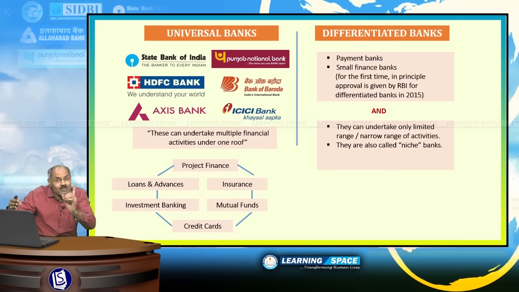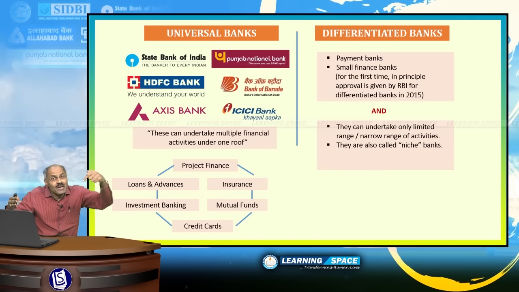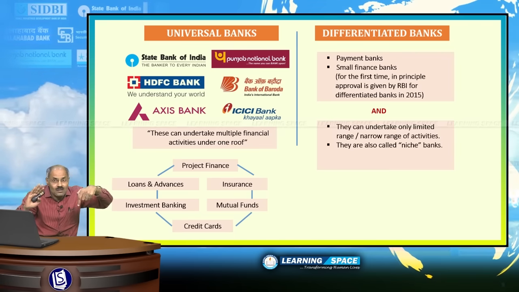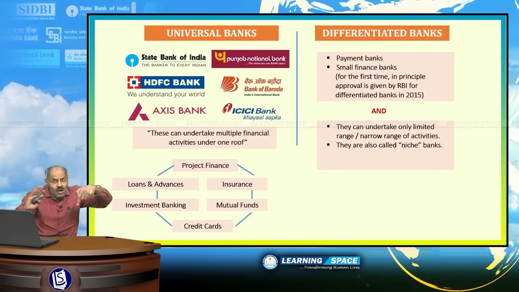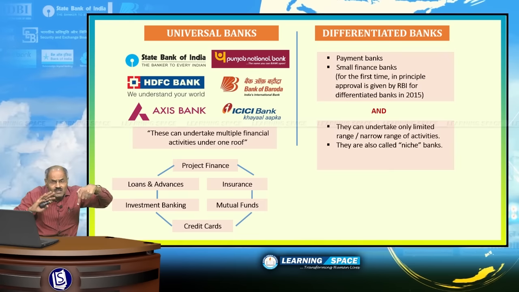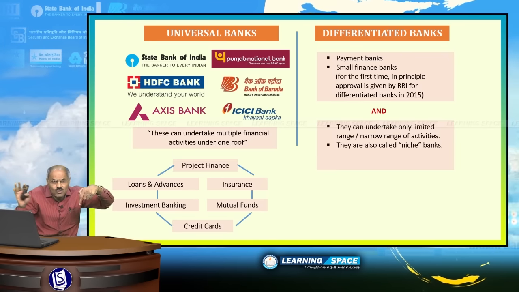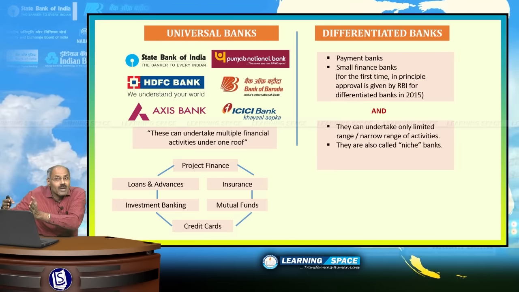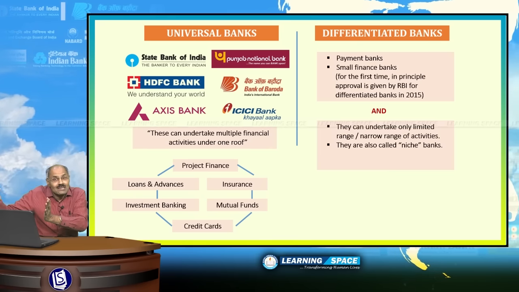Payment banks can make payments and remittances. They cannot give loans. They cannot undertake any other operations like project finance, investment banking, mutual funds or insurance.